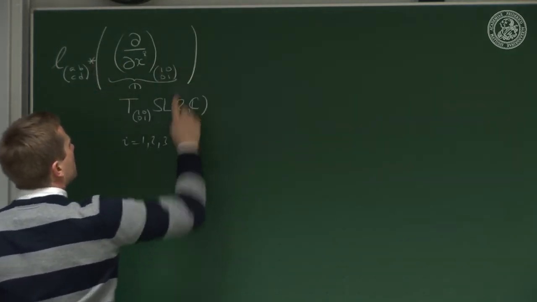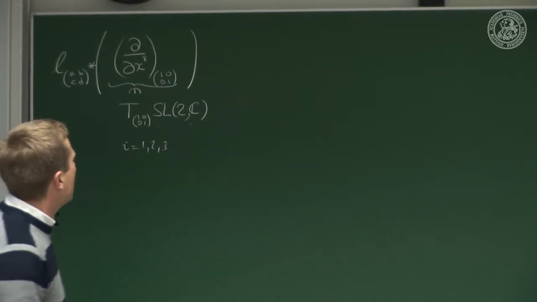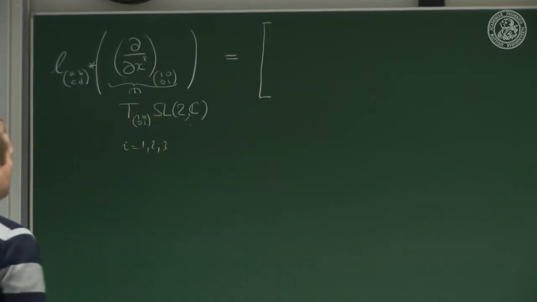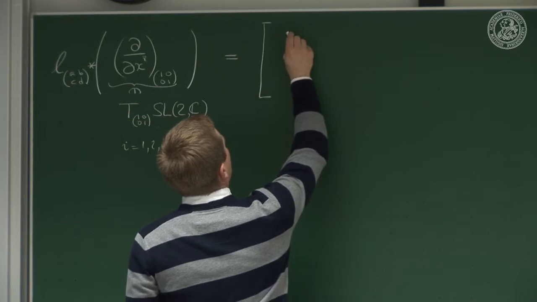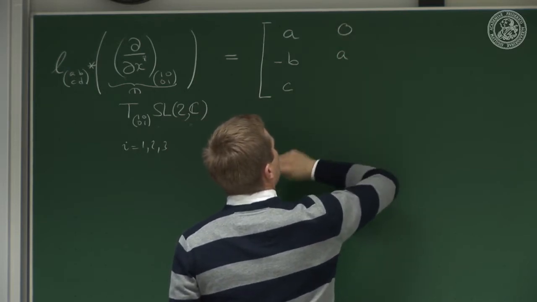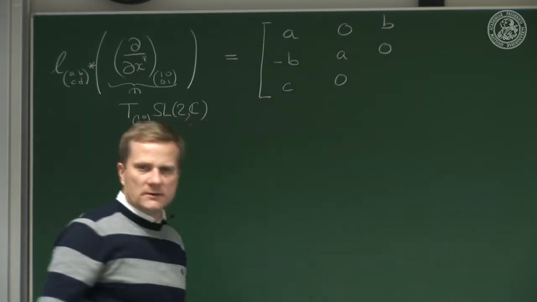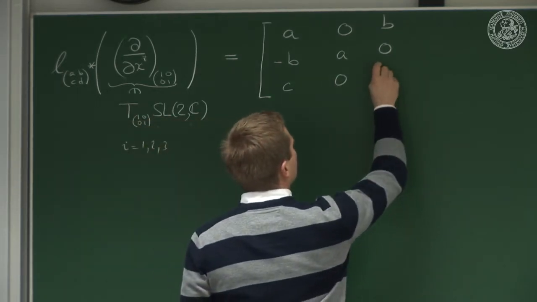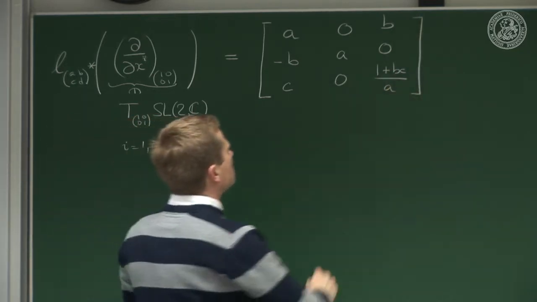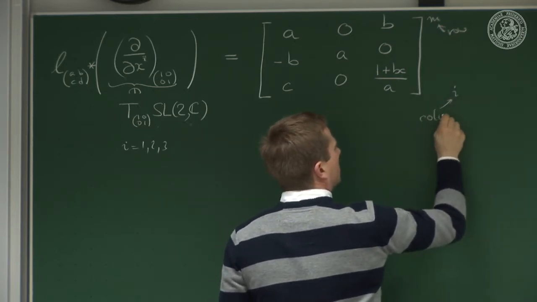So we apply this to the first, second, and third tangent vector at the identity, and we found already last time that this gives rise to the following left invariant vector field on SL2C: A, minus BC, 0, A, 0, B, 0, and this is D. But in the coordinate chart chosen, the first coordinate chart we constructed, this is 1 plus BC over A. But this is just a symmetry of numbers where m is the row and i indicates the column.